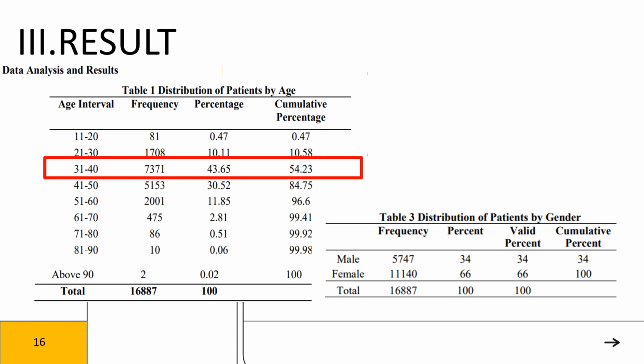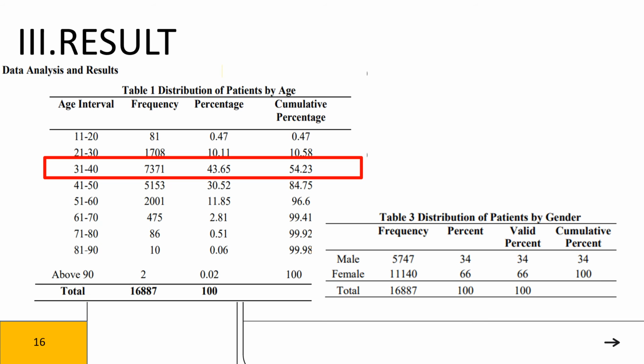After careful analysis of the study through the use of SPSS version 23 and Microsoft Excel, the result can be seen in this table. The first table is the distribution of patients by age, and if I interpret that, it only shows that the age bracket with the highest frequency is those aged 31 to 40 years, with a percentage of 43.65%.